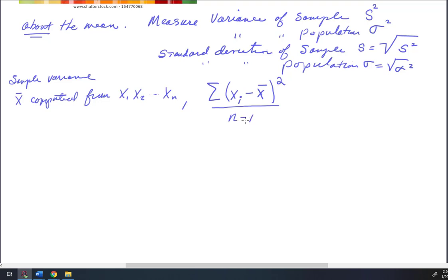N is the number of pieces of data less 1. So this kind of normalizes what this sum is. And if we've got a lot of data, then we're dividing by a big number. If we've got a small data set, then we're dividing down here by a small number, and it kind of balances out what the computation of variance is. This is equal to s squared.